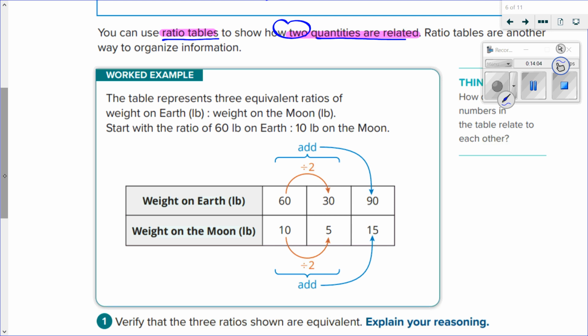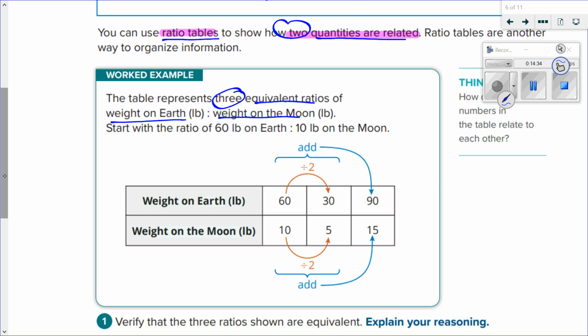Okay. Here's a table that can show us 3 equivalent ratios for the weight on Earth to the weight on the moon. We start with the ratio they gave us of 60 to 10. One way we can do is we always say we multiply or divide, right? Go from one to another. So if I divide both those numbers by 2, 60 divided by 2 is going to give me 30. 10 divided by 2 is going to give me 5. Is everybody okay with that?